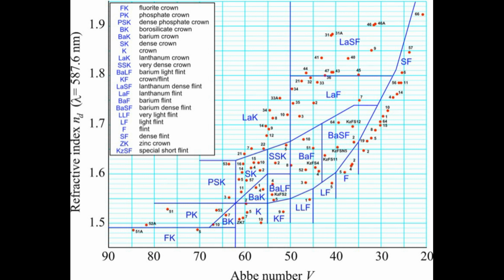Extra low dispersion glass is just a glass with a very high Abbe number of typically 80 and above. This is achieved by adding to the glass very light substances such as calcium fluoride and other fluoride salts.